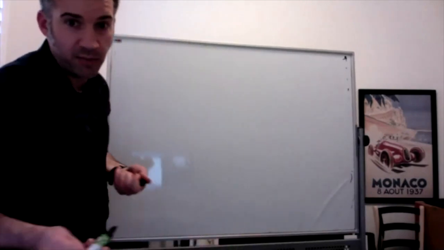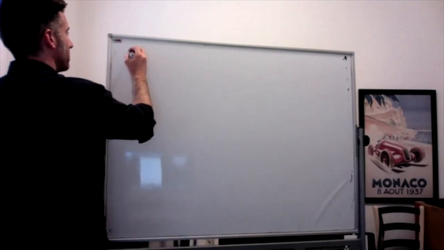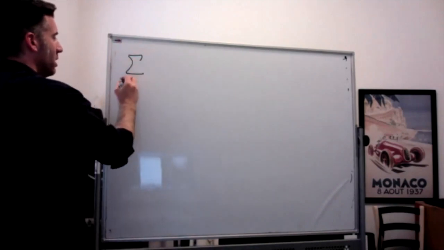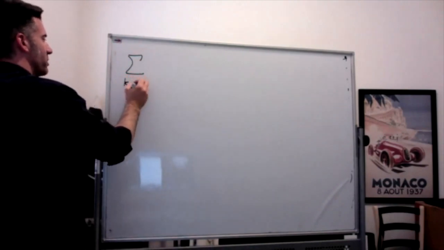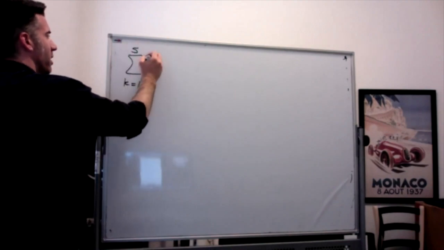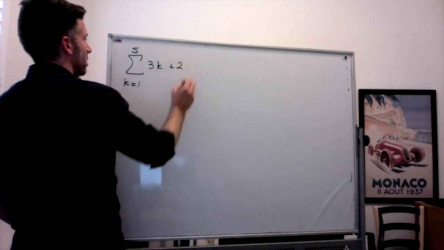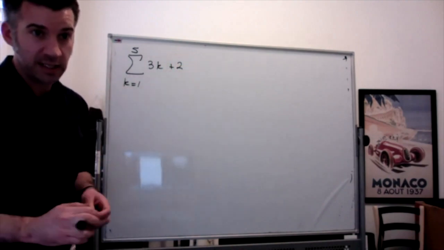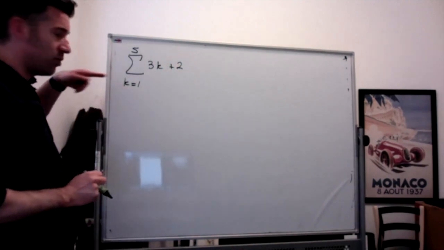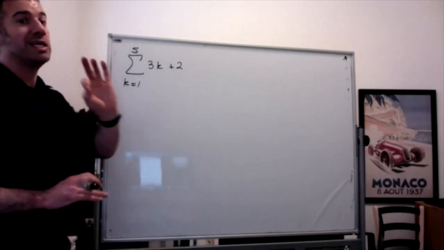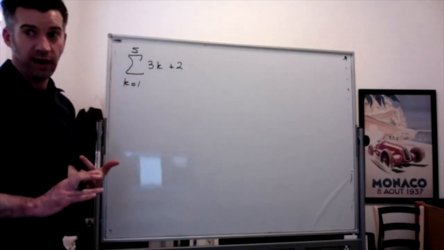So for example, if I wrote the sum from k equals 1 to 5 of 3k plus 2, here's what this means. It means you're going to let k equal each of the integer values between 1 and 5.